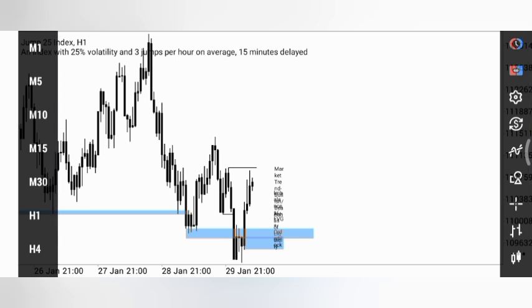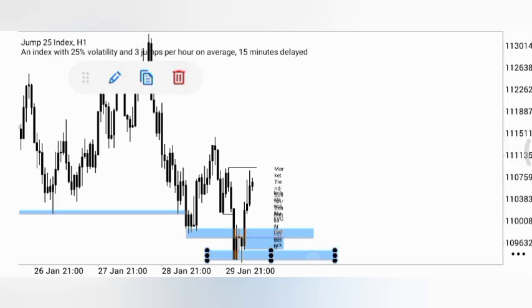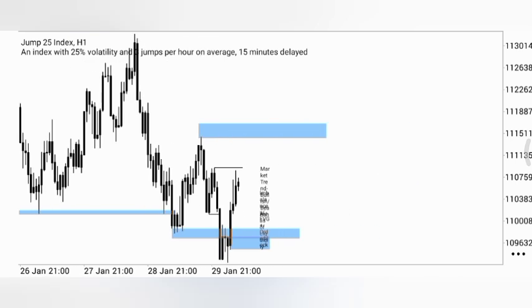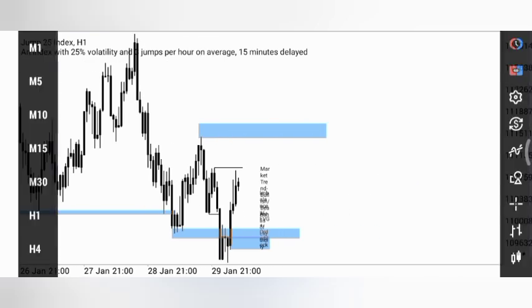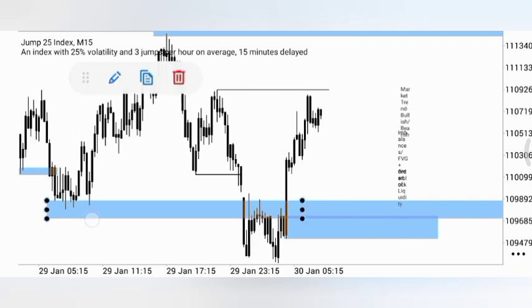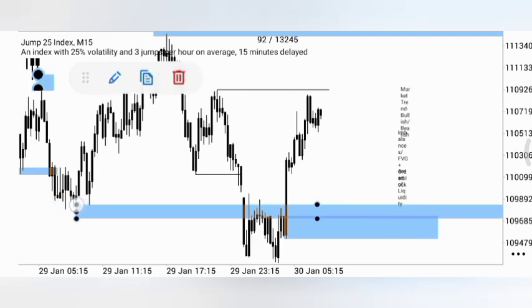So for me, we don't have any other liquidity to grab because we have already grabbed liquidity on these lows, right? So my indication is that we will have to look for liquidity on the highs, right? Because we actually have an older high here that hasn't been taken out, so price will obviously gravitate towards that, right?